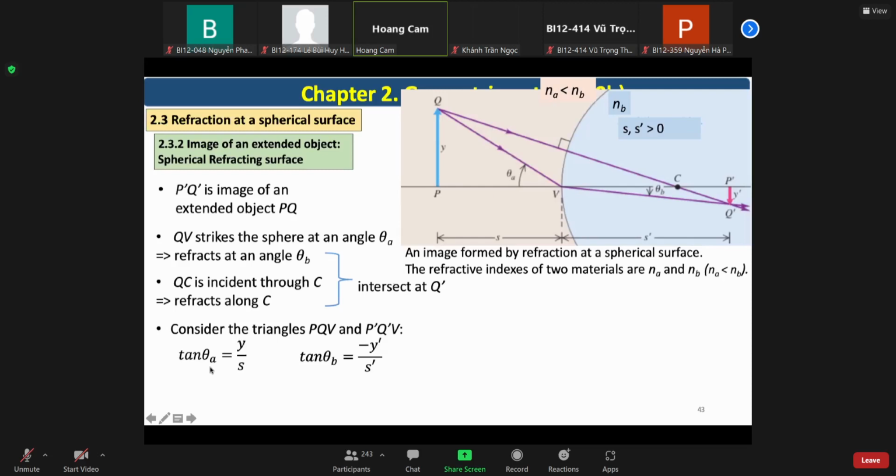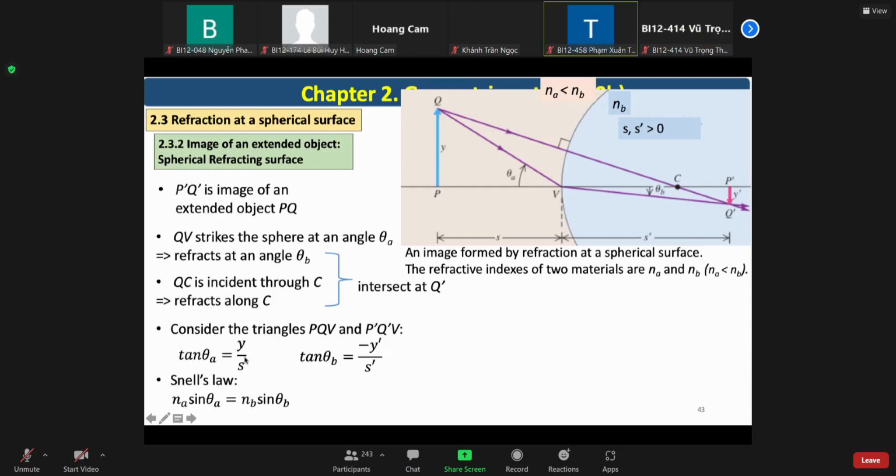So you got tangent of theta A equals y over s, and tangent of theta B equals minus y prime over s prime, with the minus due to the direction. Because the direction of P prime Q prime is this way, y prime is negative, and that's why they put the negative of negative to make it positive for this angle.